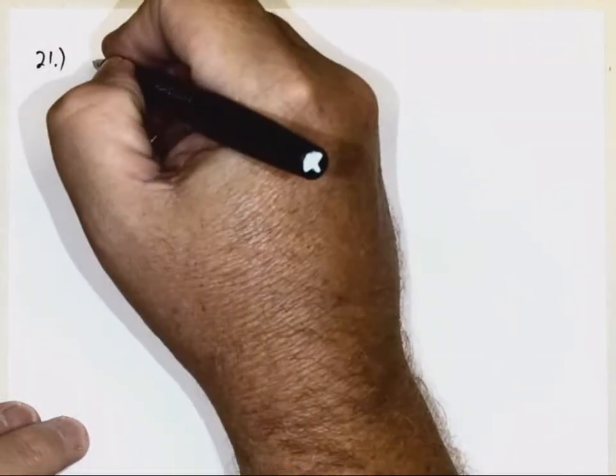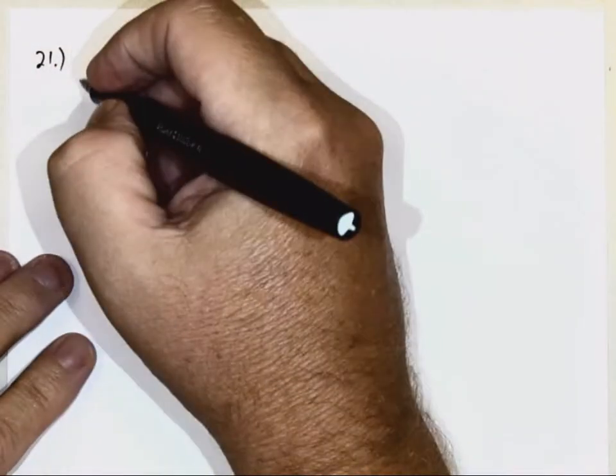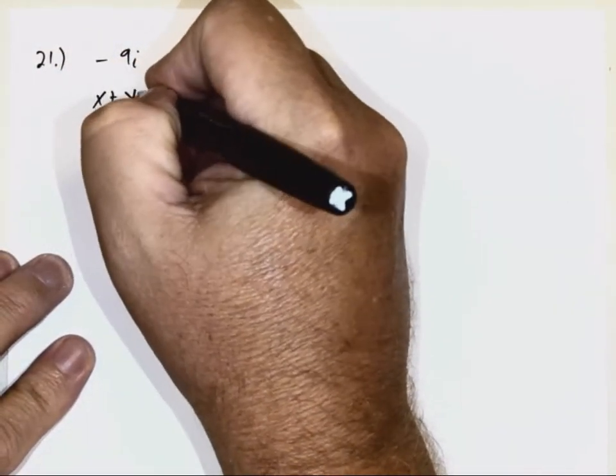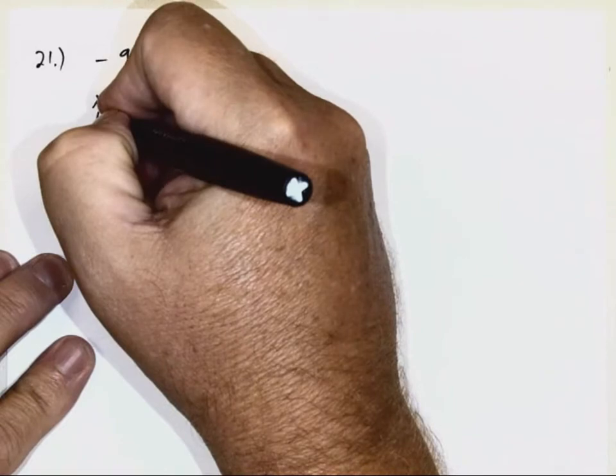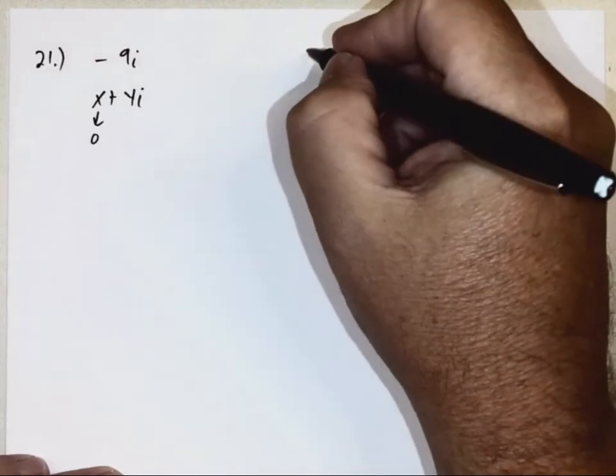So same thing. Here the number is negative 9i. Normally it's x plus yi. It looks like the x part's 0. All we have is the complex part.